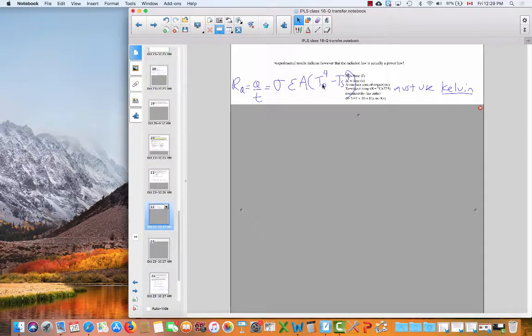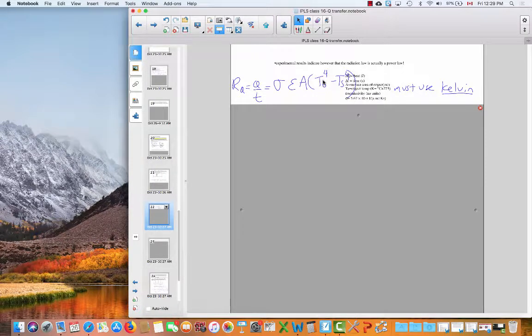It depends on the fourth power of the temperature: the object's temperature to the fourth power and the surroundings temperature to the fourth power. There's the surface area. And then the constants: it depends on the emissivity. Remember, that's whether it's white or black. And then the constant is known as Stefan's constant, and its value is 5.67 times 10 to the power minus 8, per Kelvin to the power 4.